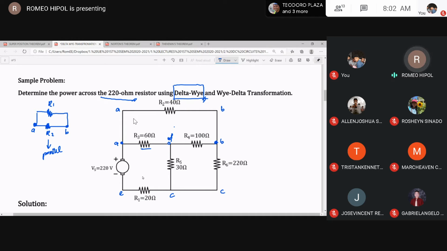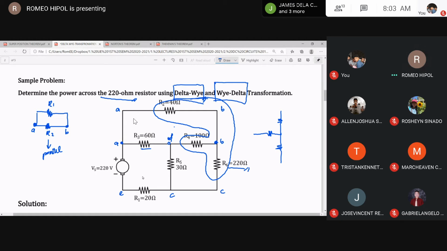Mahahanap naman tayo ng Y to delta transformation. Ano yung mga Y connected resistors natin? So ito. It is a Y connected. Y connected yan pag in-stretch nyo. Pero ang problem is, tinamaan yung R6.